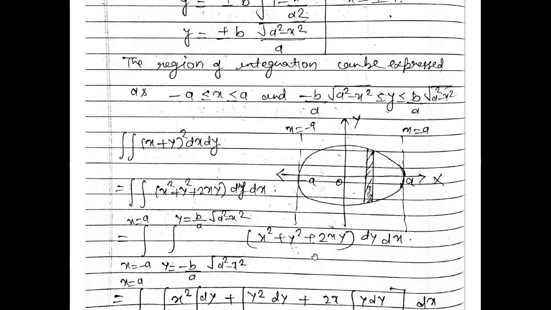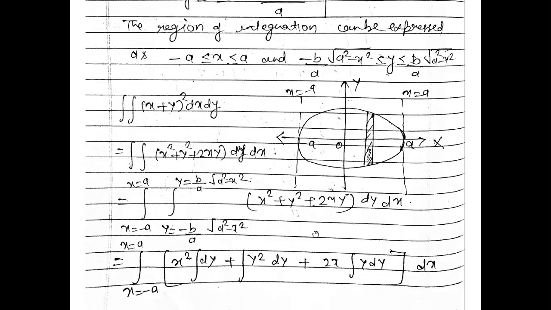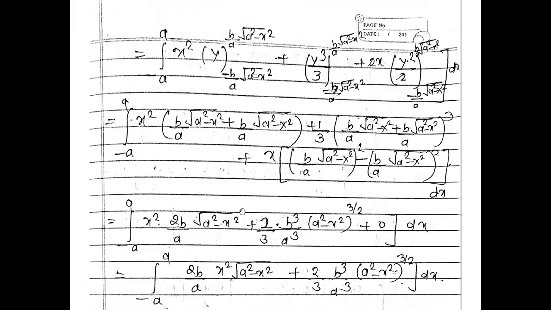Now solve this equation. So x plus y whole square, just open it and separate all these parts: x square dy, y square dy, plus 2xy dy, and limit is given minus b by a to plus b by a, right? Now see here, x square integration is y, y square integration is y cube upon 3, and 2xy integration is y square upon 2.